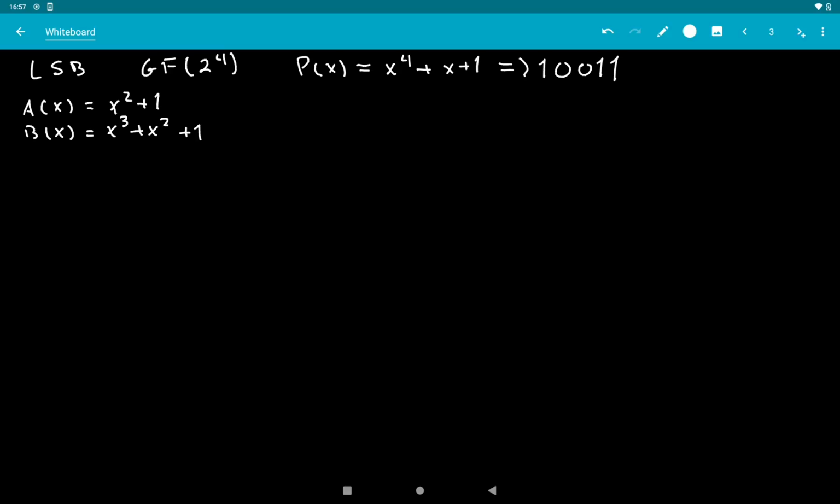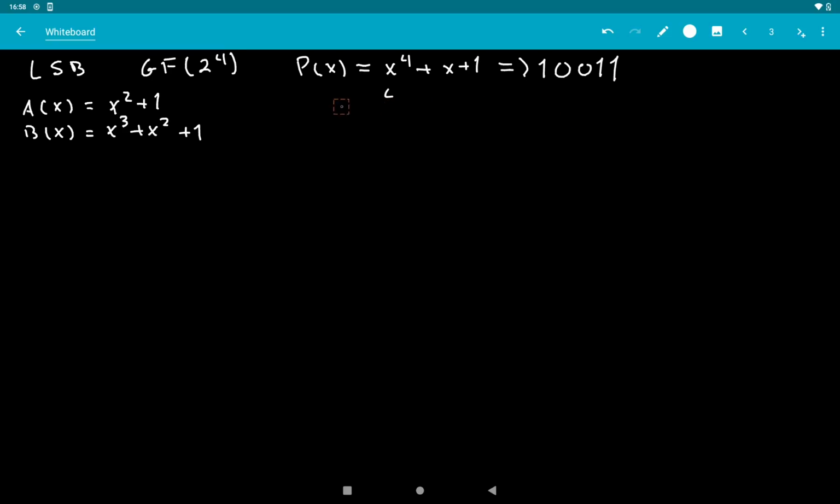The way we get to this binary is we've got 1x to the 4th plus 0x cubed plus 0x squared plus 1x plus 1. So that is, of course, equal to that. Then we just look for these leading 1s and 0s, and we turn that into a binary number. I hope that makes sense for you.